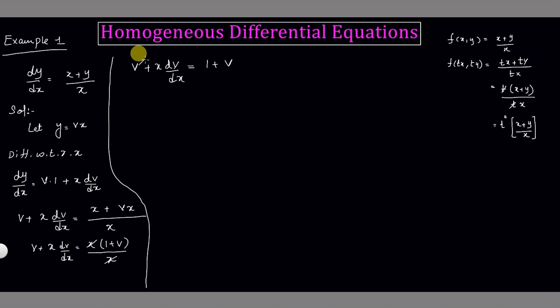You can cancel this v with this v, so you are left with x dv over dx, which is equal to 1, and after that we have dv is equal to 1 over x dx.